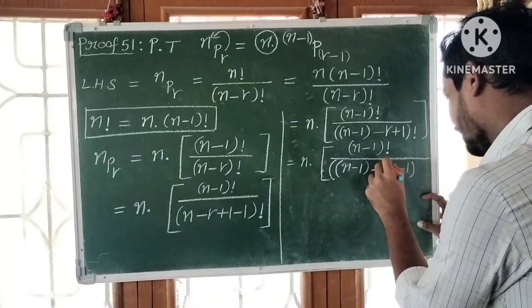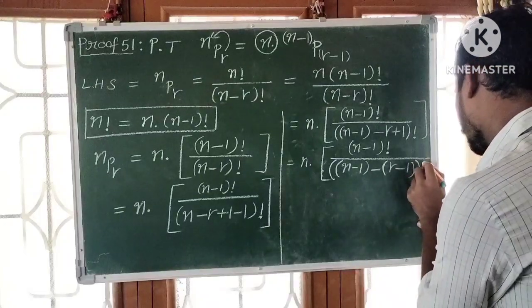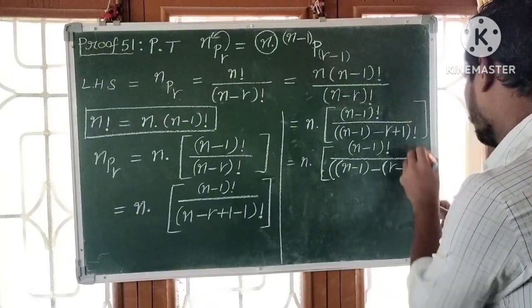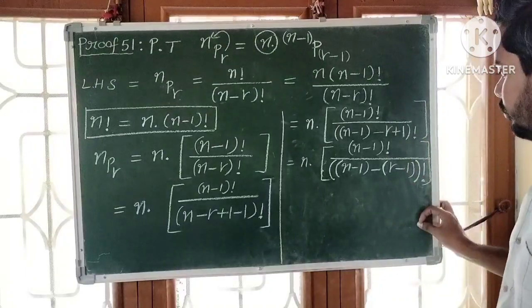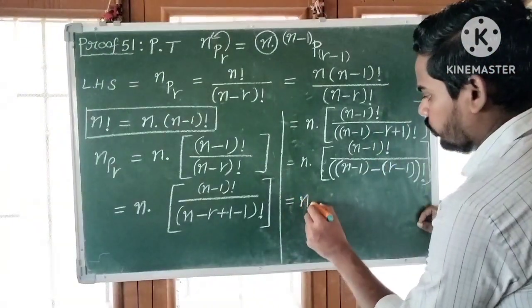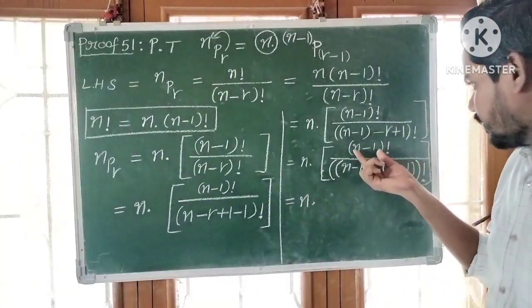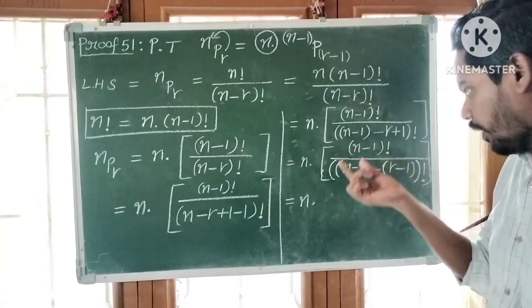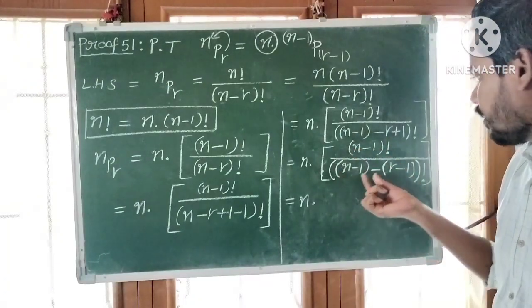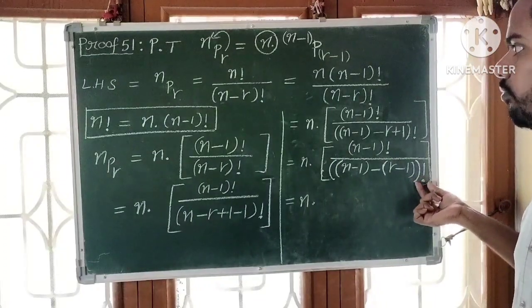So it's like taking minus 1 common. Now look at this expression: n into n minus 1 factorial by n minus 1 minus of r minus 1 whole factorial.